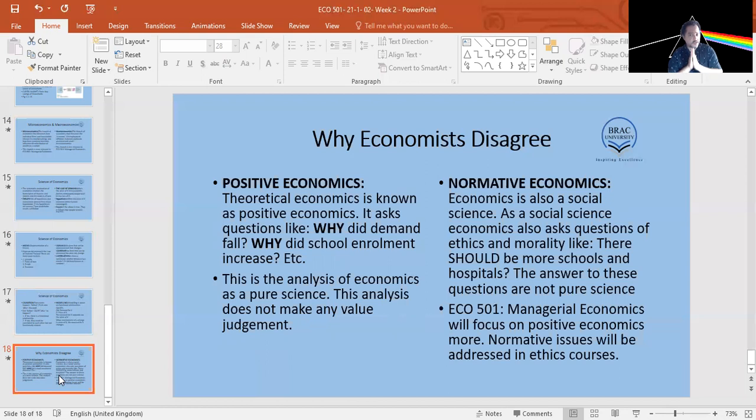Value judgments are influenced by ethics, morals, or norms of a society. Even if the outcome is competitive, the value judgments may tell us that this is not a fair outcome. That's why I said a competitive market can be very unfair. Those are discussed in normative economics.